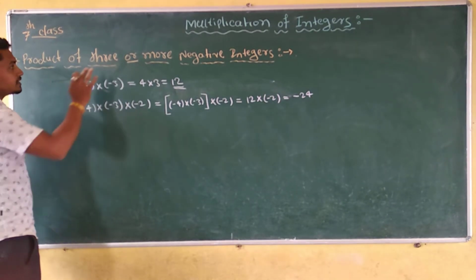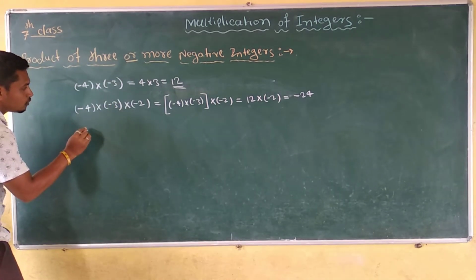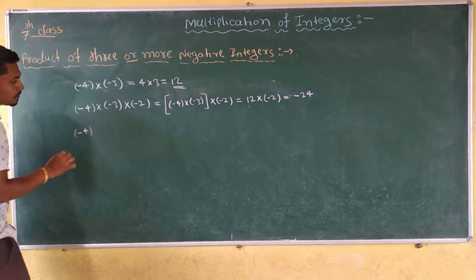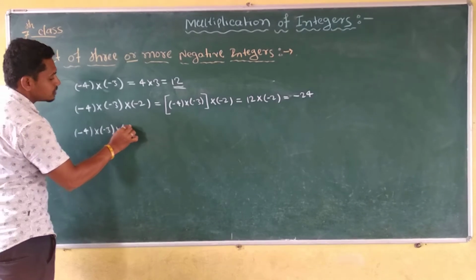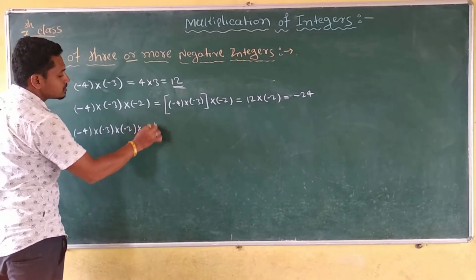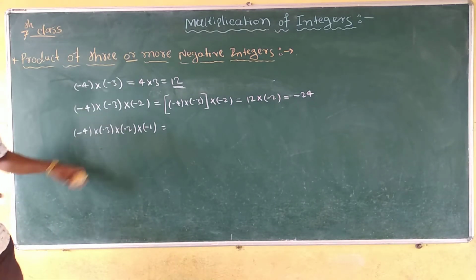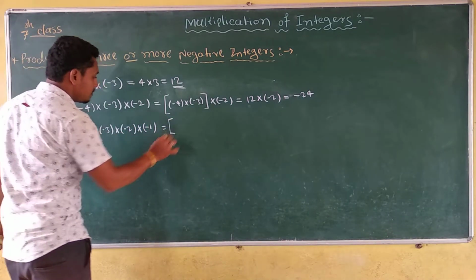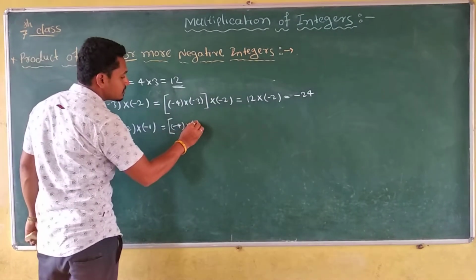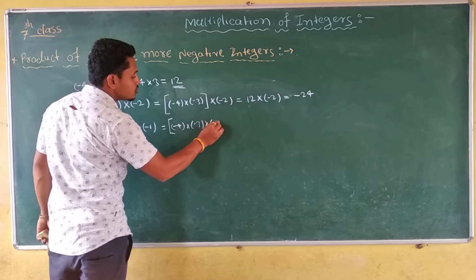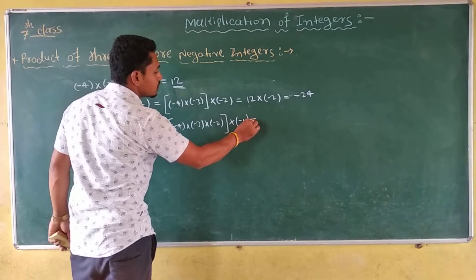Next, four negative integers: minus 4 into minus 3 into minus 2 into minus 1. These are the four negative integers. In the bracket, minus 4 into minus 3 into minus 2, bracket complete, into minus 1.